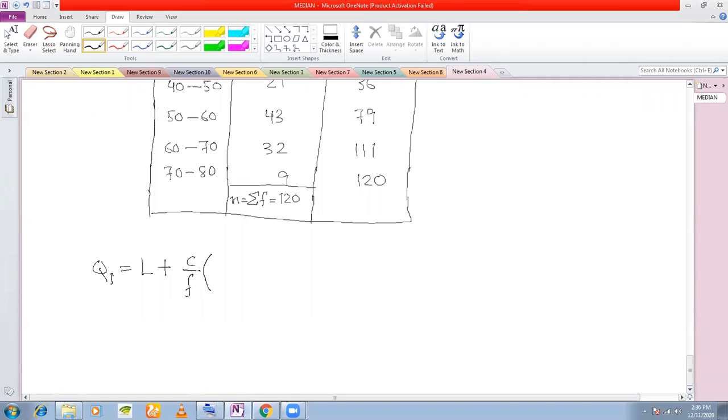Yes, but sir, since we have a Q1 here, Q1 divides into how many observations? N by 4. So instead of N by 2 in the median formula, same median formula, instead of N by 2, we'll write N by 4 minus the cumulative frequency. You get the formula now? Recall your median formula. What was your median formula? L plus C by F into N by 2 minus CF. Remember this?